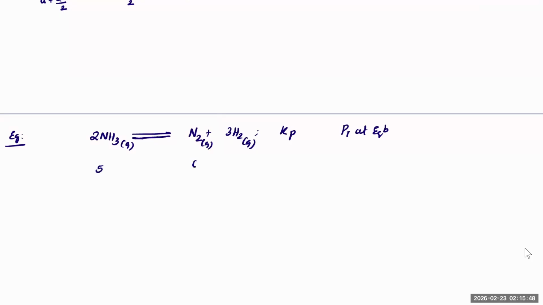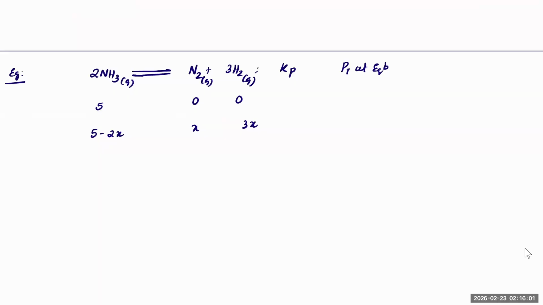Usually, if you write in terms of alpha, please do not write something like there are 2 moles lost here. You usually write it as 2x, x and 3x. In terms of moles, it is okay. But if you write in terms of alpha, then how do we write? Go with the definition. Alpha is the amount that is lost by initial amount. So actually the 2x itself is 5 alpha. Okay.